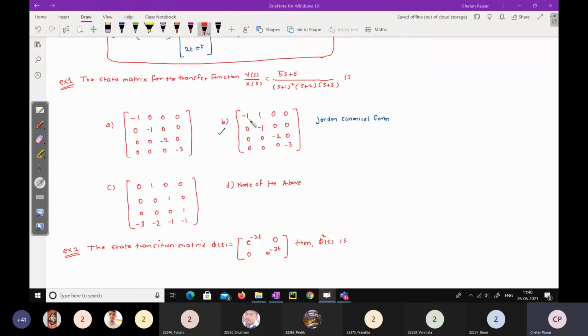So in this option you can see -1 is a repeated pole. So -1 1 0 -1. This particular block is a Jordan block, right? And this particular form is Jordan canonical form.